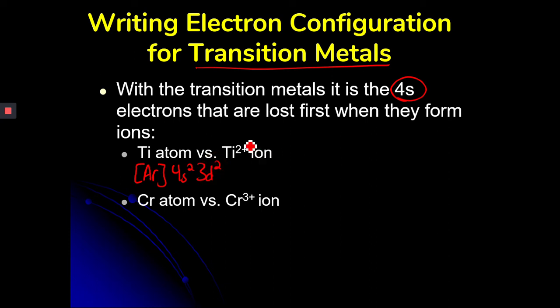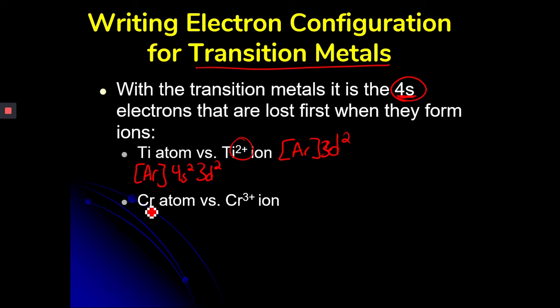So when we say that there is a +2 charge, what 2 electrons is it losing? Well, it's not losing the 3d, it's in fact losing the 4s. So for titanium +2, the configuration would be argon 3d2. Again, transition metals will lose 4s or lose their s electrons before they lose their d electrons.